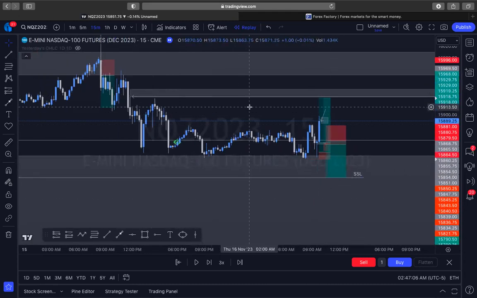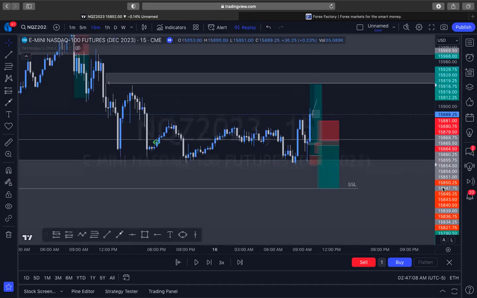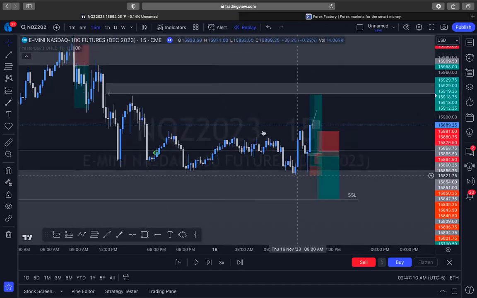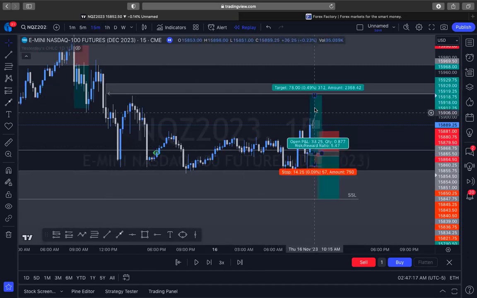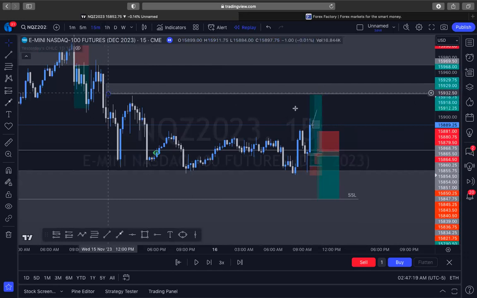Before anything else. So whenever I'm looking at shorts, I want to enter in some sort of fair value gap like this. So that's what I was targeting. I wanted to take a short-term buy to target this high, enter shorts here at this fair value gap, because it's in a selling motion, or in a bearish trend.